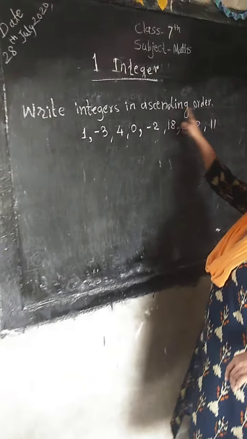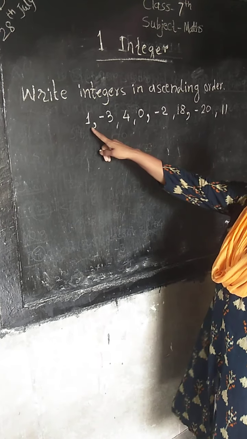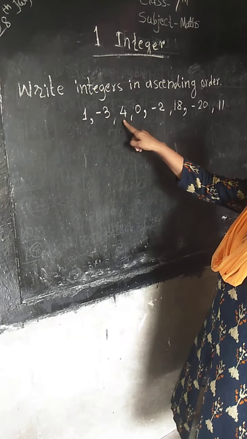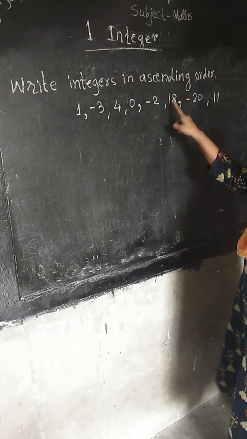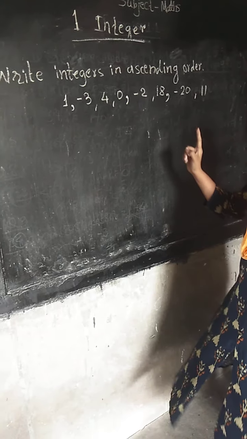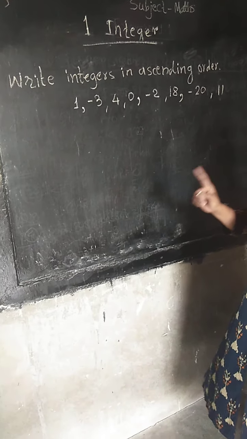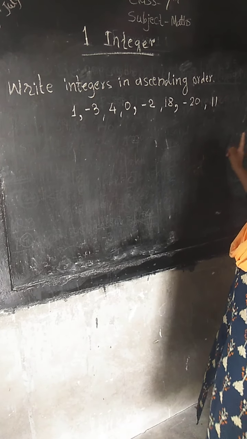Now, we have to see ascending order of given integers. The integers are 1, minus 3, 4, 0, minus 2, 18, minus 20 and 11. Ascending order means we have to write the smallest number first, from smallest to largest.